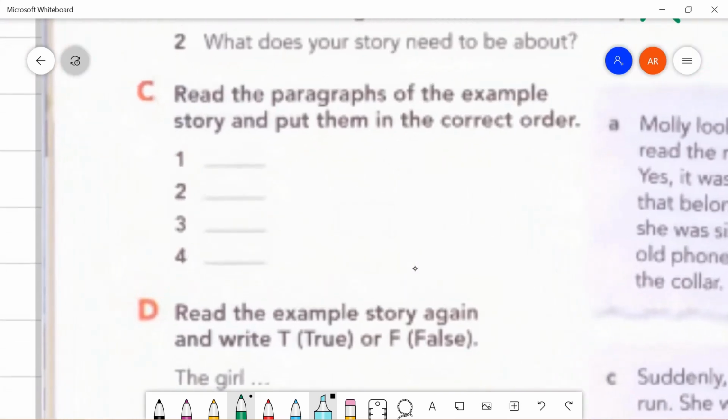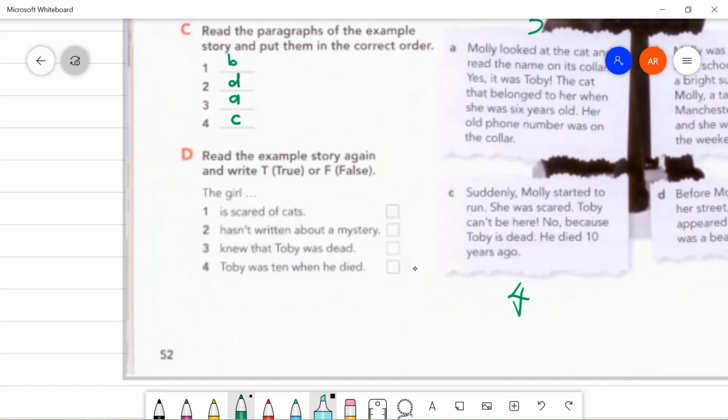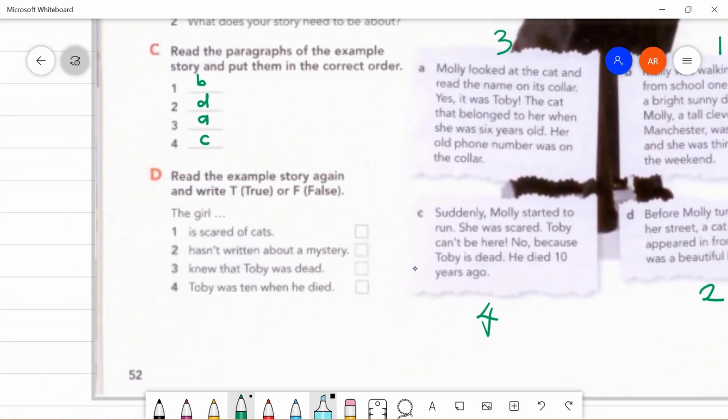Okay, so number one is paragraph B. Number two is paragraph D. Number three is paragraph A. Number four is paragraph C. Okay. All right, if I'm going too fast, you can pause the video and maybe rewind a little bit.